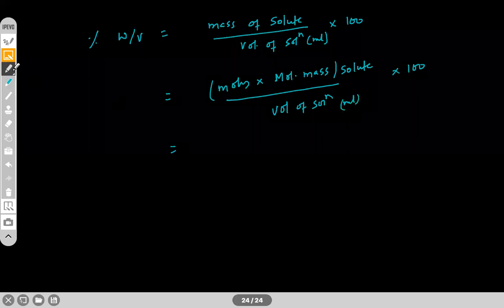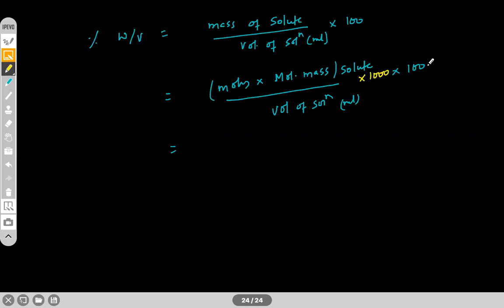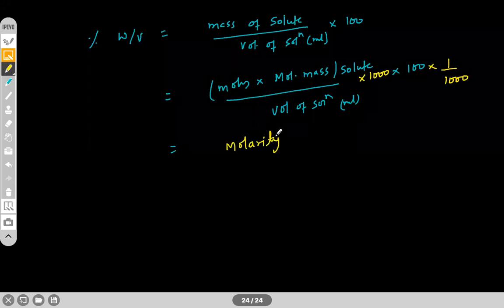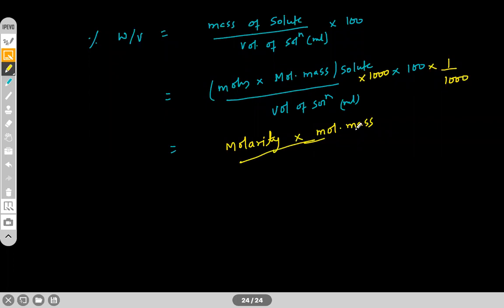So I am just multiplying this by 1000 and dividing by 1000. You see, moles divided by volume is molarity. So we can write molarity into molecular mass divided by 10.